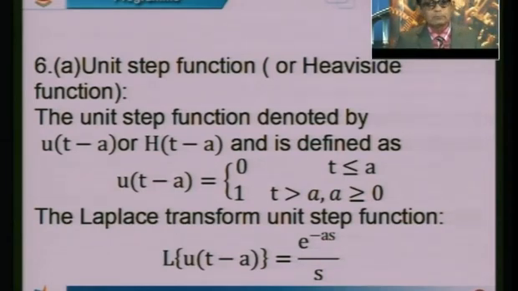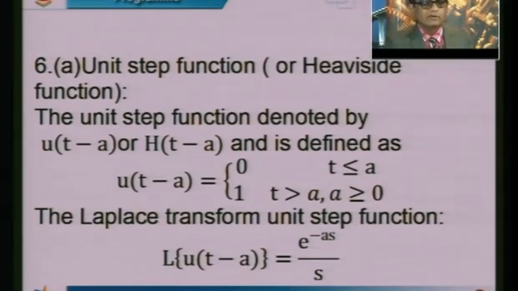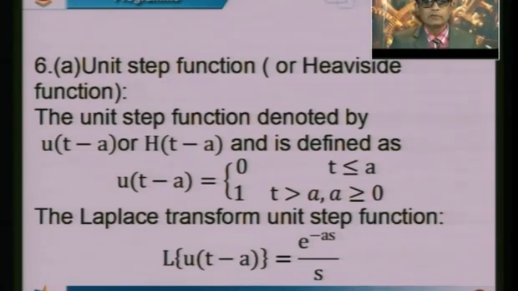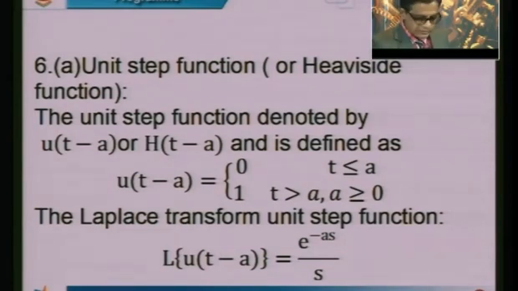Now the sixth property is the unit step function. Unit step function is also known as Heaviside unit function. Now, how will you define the unit step function or Heaviside unit step function?